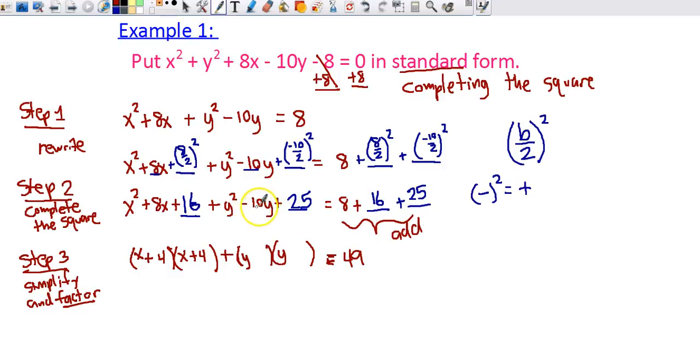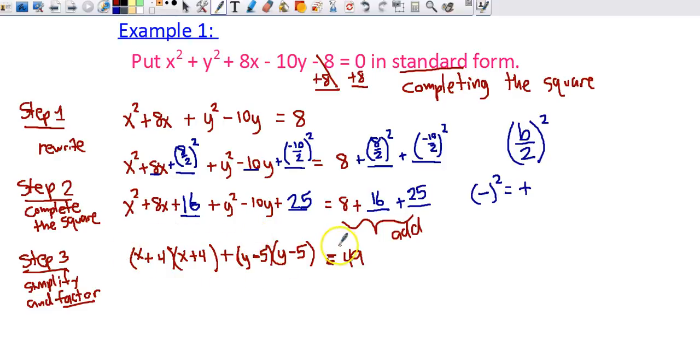It'll give you positive 10, but not negative. So both of those signs are actually going to have to be negative for that to work. Negative 5 times negative 5 is positive 25. Negative 5 plus negative 5 is negative 10.